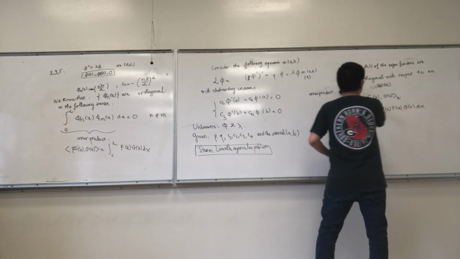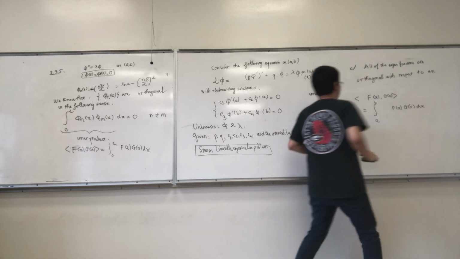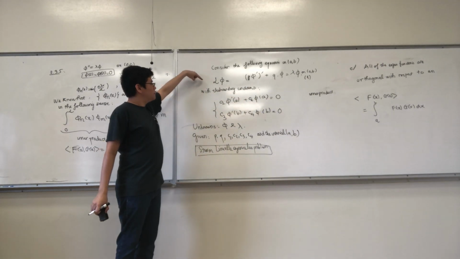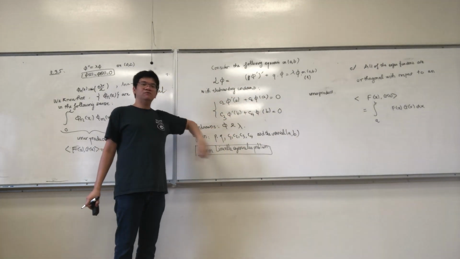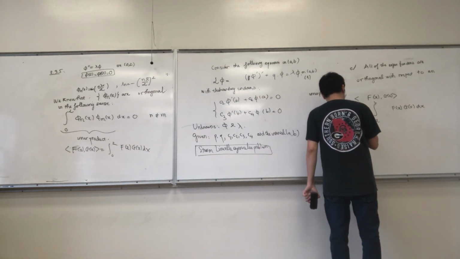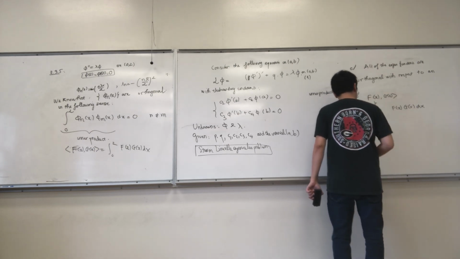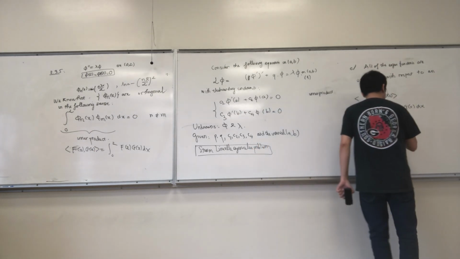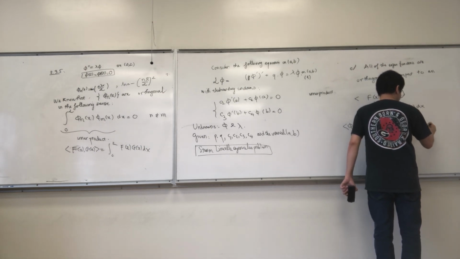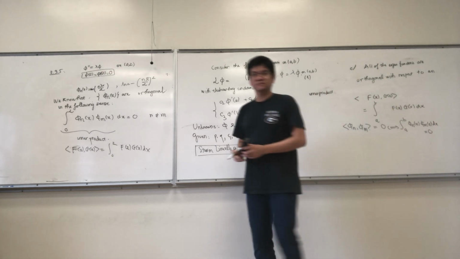So let me forget first about the weight in the inner product. In this case you also have the same thing. All of the eigenfunctions that we found in the previous step are also orthogonal in the following sense: phi n and phi m is 0, which means that the integral from a to b of phi n(x) phi m(x) dx is 0.